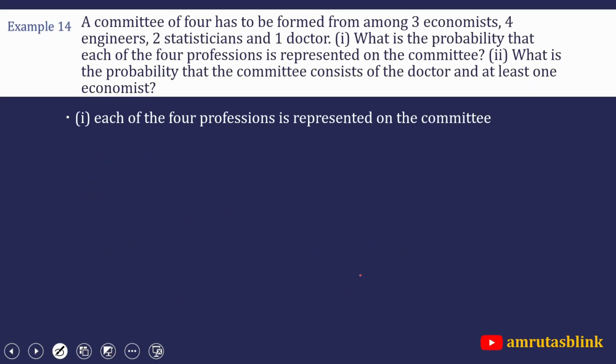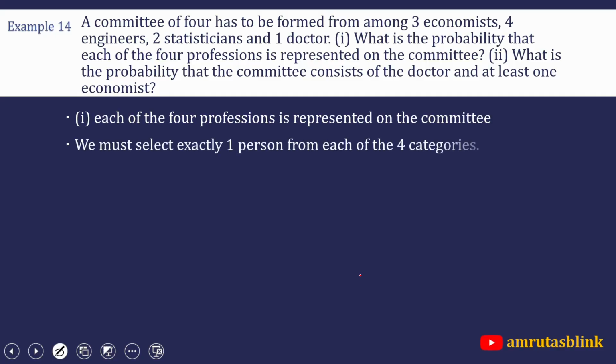Now let's look at the first case. What is the probability that each of the 4 professionals is represented in the committee? Now we have solved exactly similar case in previous problem. So we must select exactly one from each of the 4 categories.